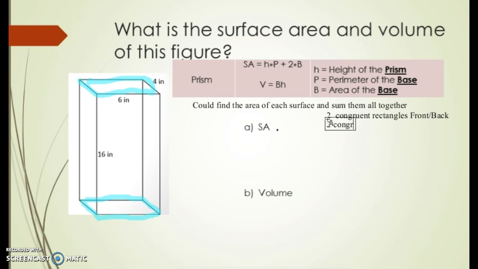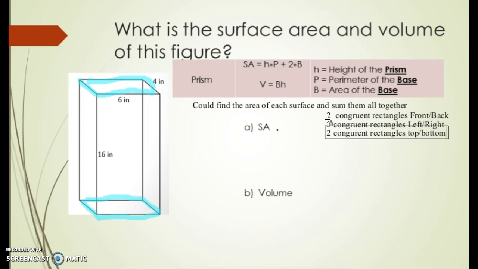Then there are two congruent rectangles that are left and right. And then there are two congruent rectangles that are top and bottom.